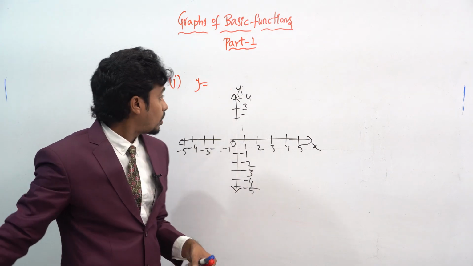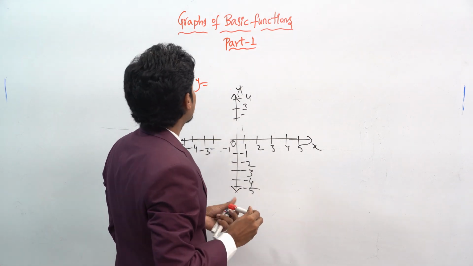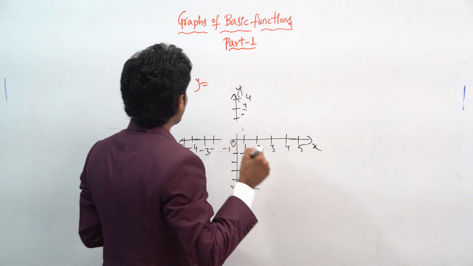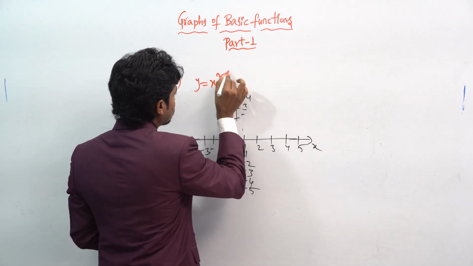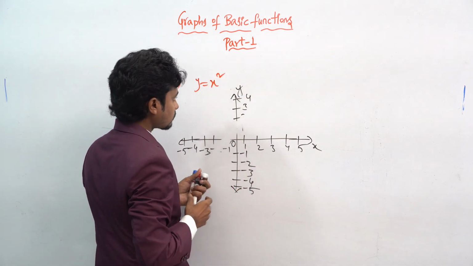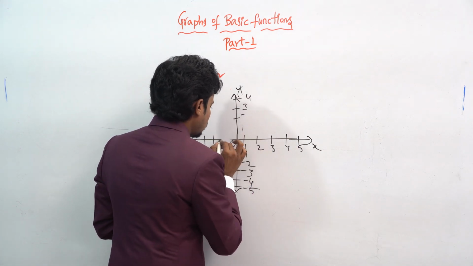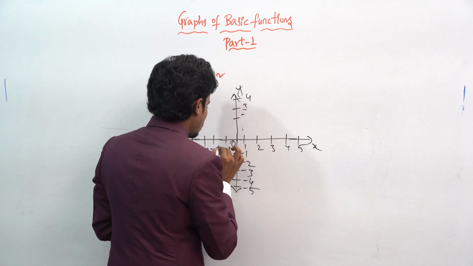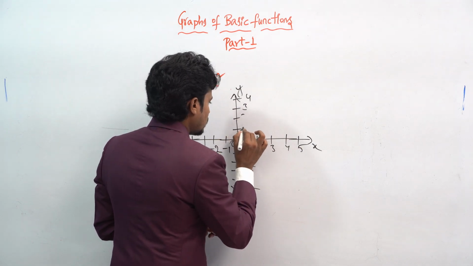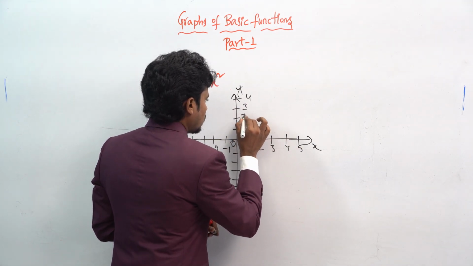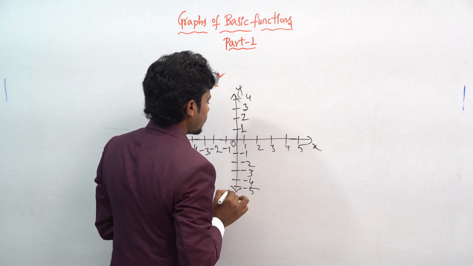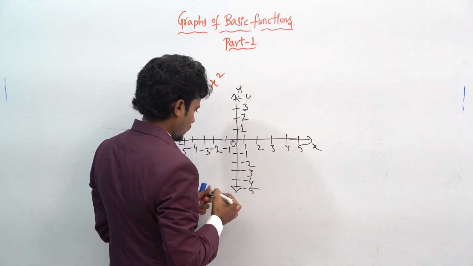If you want to draw a plot for y = x square, here this will be minus 1, this will be minus 2, this will be plus 1, this will be plus 2, and here this will be 3.